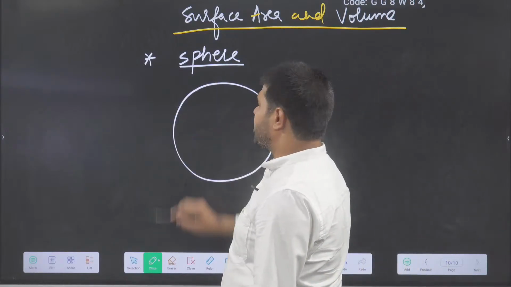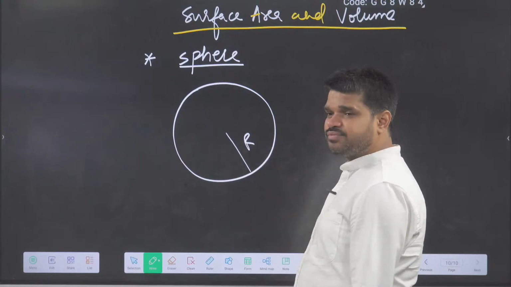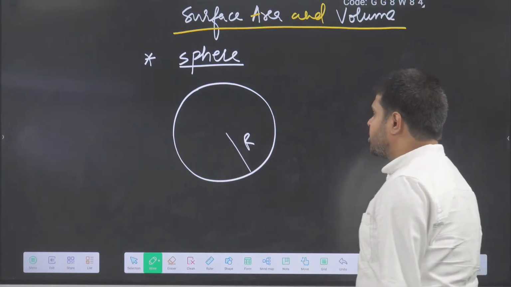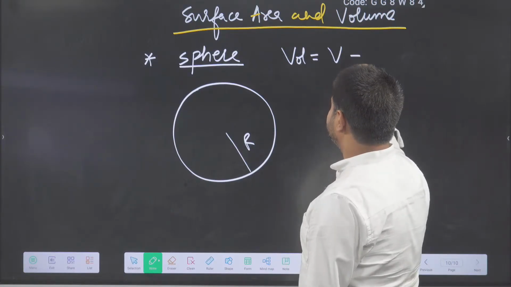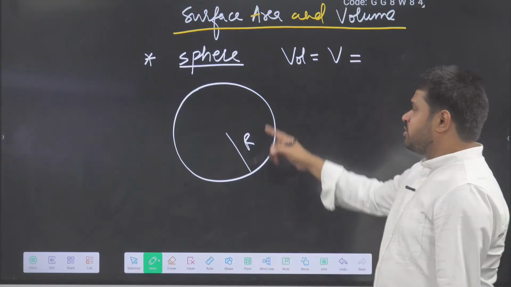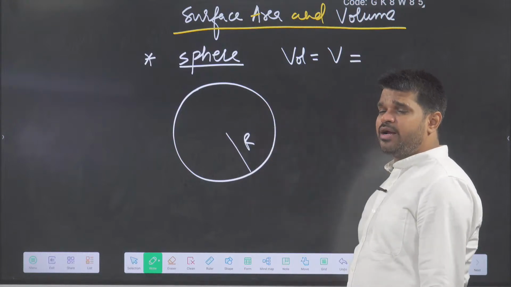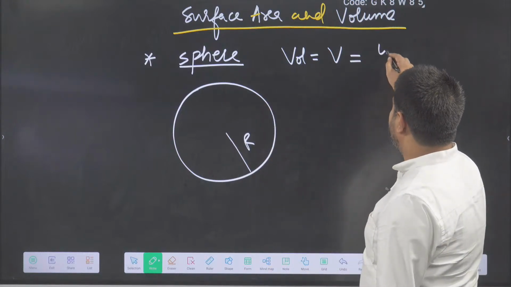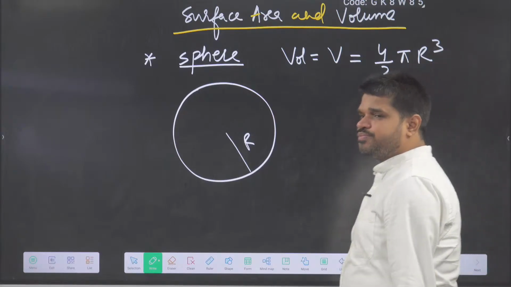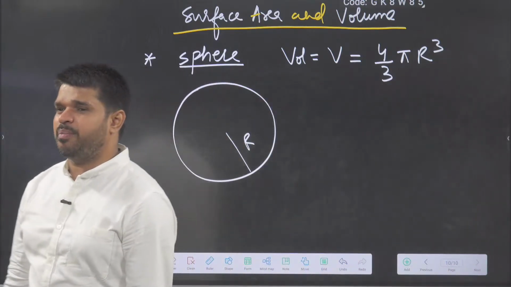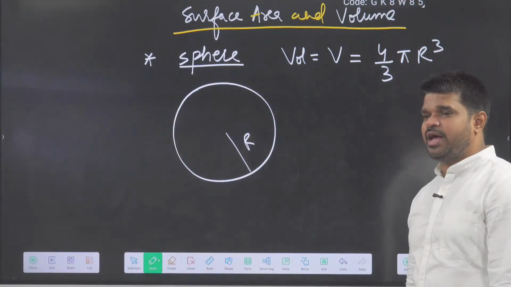There is a sphere of radius r. Remember its volume V. The radius is r, and the volume occupied by the sphere is given by 4/3 pi r cubed. So the volume of a sphere is 4/3 pi r cubed.